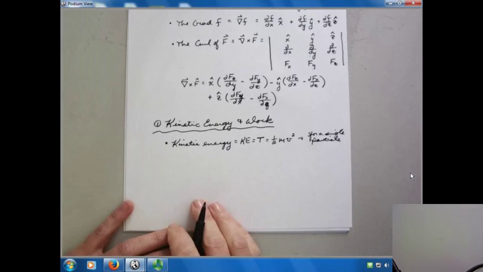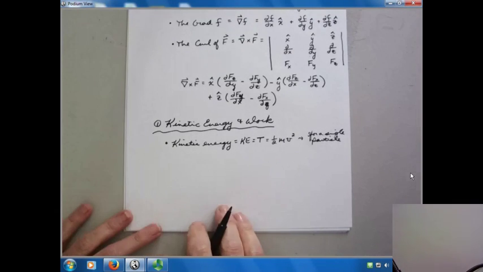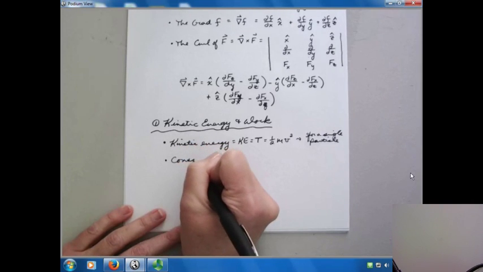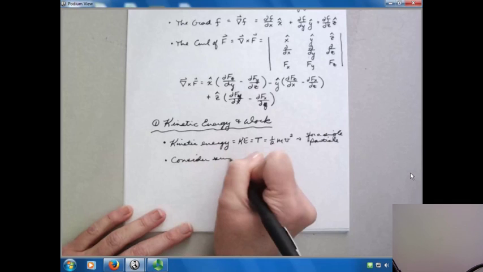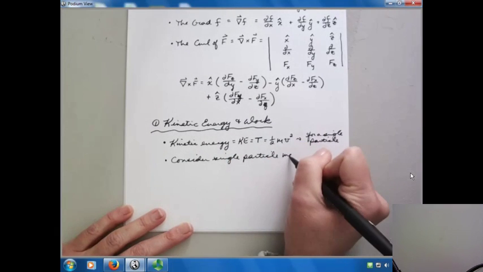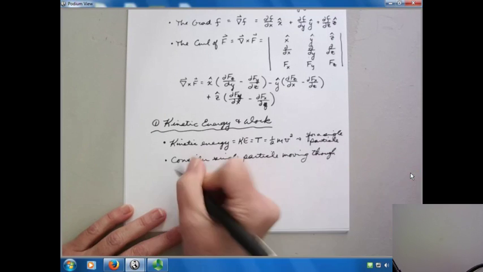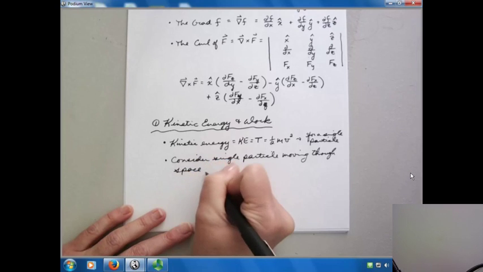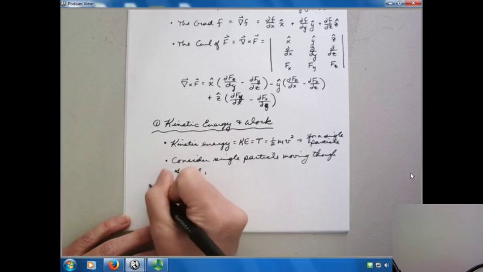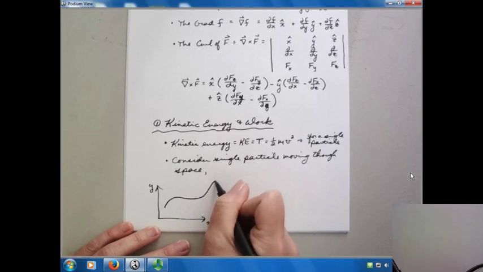So we are going to think about what if I have a single particle and it is moving through space. So we will say, I'll go ahead and make sort of a coordinate system here, x, y, that here is sort of a path along which it might move.